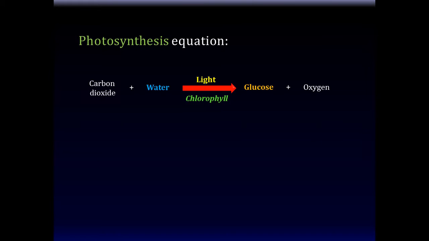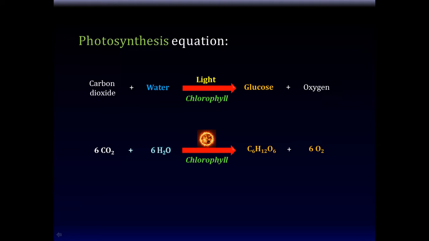So this is the basic reaction of photosynthesis: carbon dioxide, water, and with the help of light and chlorophyll produce glucose and oxygen. Now, we can write this in chemical formulas as a balanced reaction.